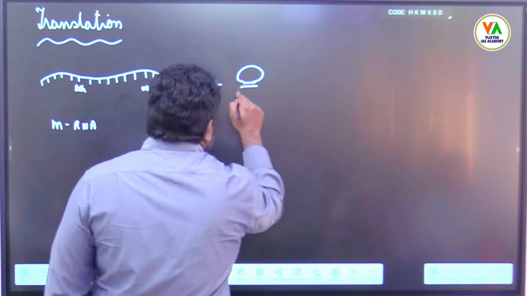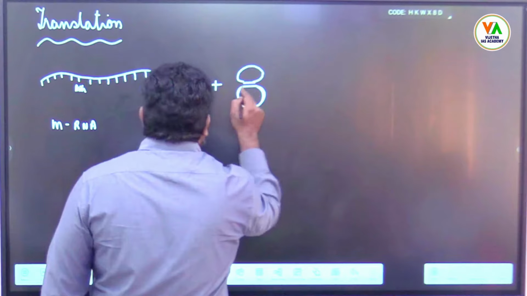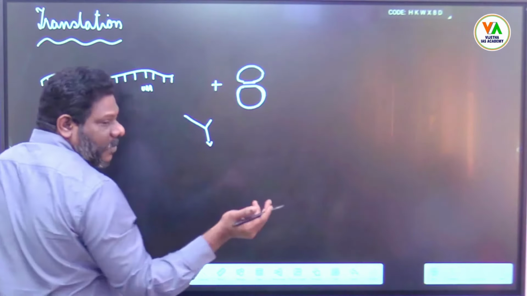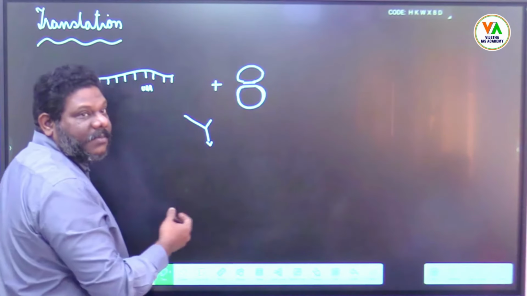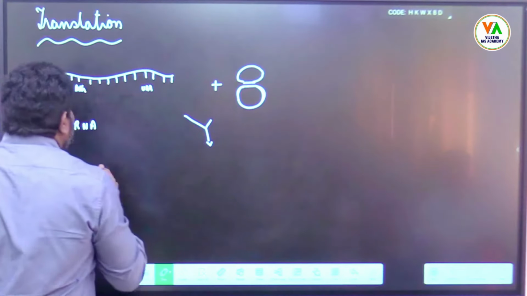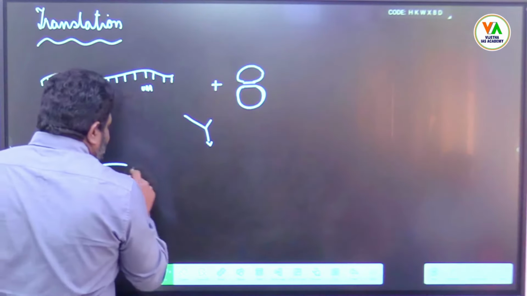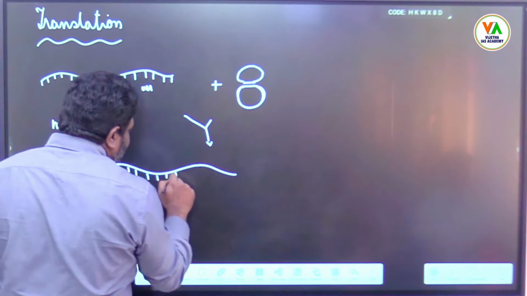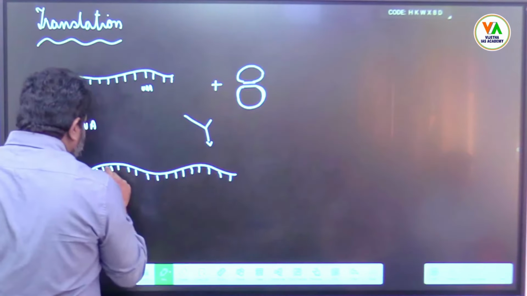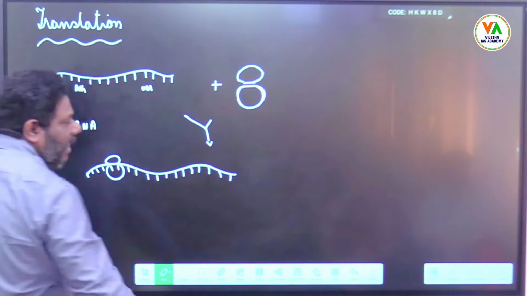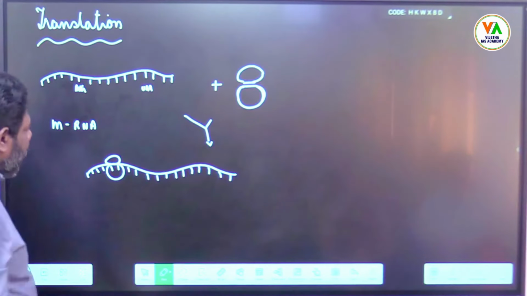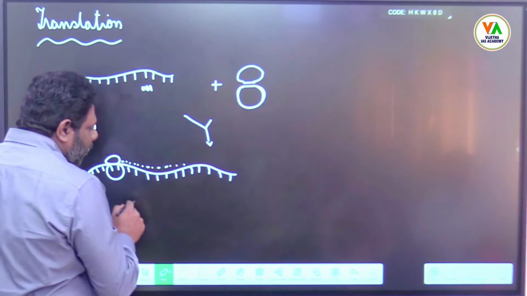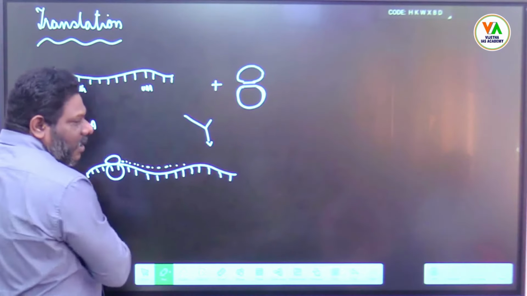See, ribosomes attach to this mRNA. No need to draw, because I wanted to clear something so that you will be open to the detailed process. So what do ribosomes do? Ribosomes attach somewhere on the mRNA. And these ribosomes move on this messenger RNA, translating the codons.